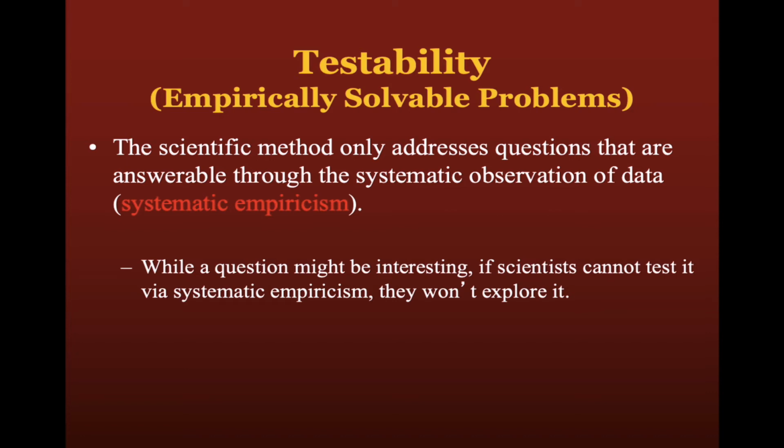If you cannot find some way of using empiricism to observe and test your phenomenon, it's not a scientific question. It might be an interesting question, but it wouldn't be one that scientists would explore, because there's no way to systematically observe whether or not your theory or your hypothesis is accurate.